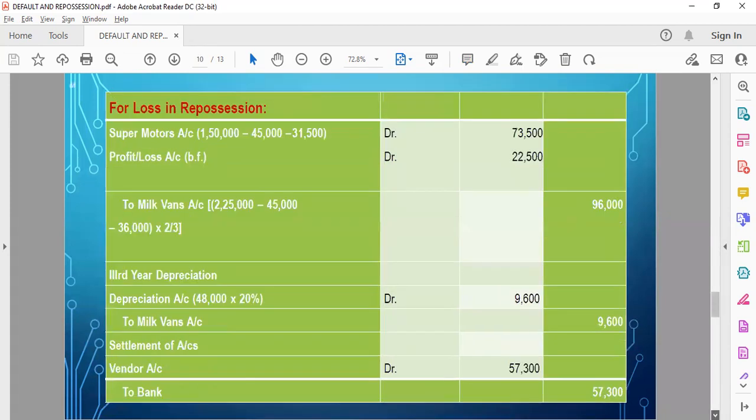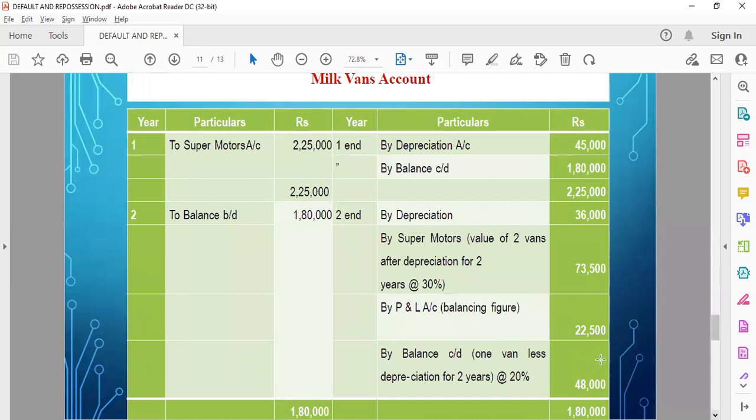Okay. So you can write here 1,50,000 into 30 by 100. You will get, how much is the 30%? 45,000, right?